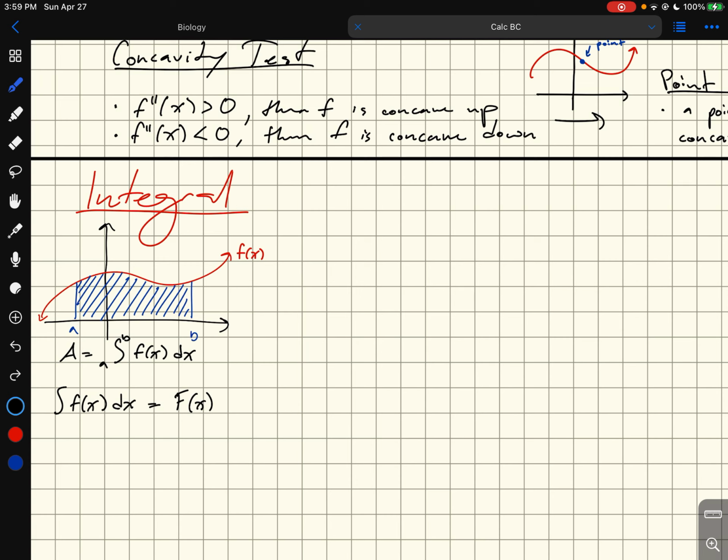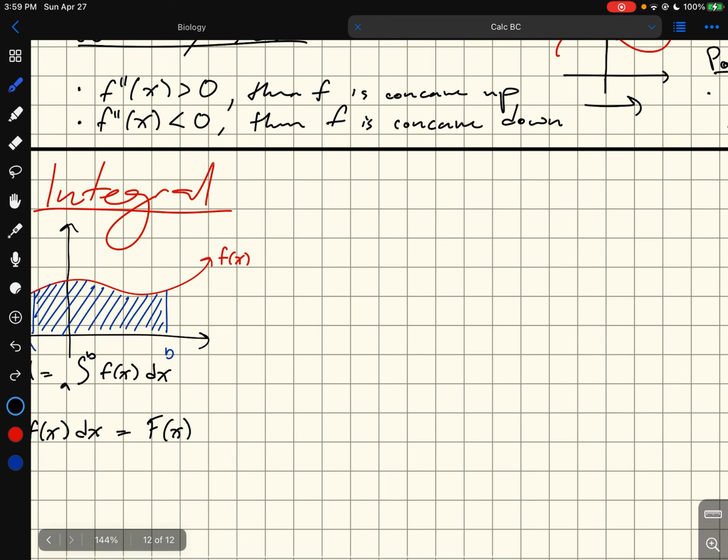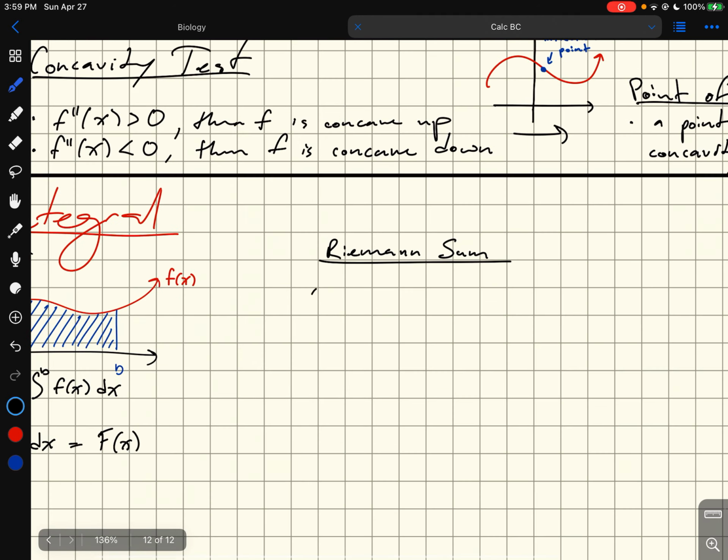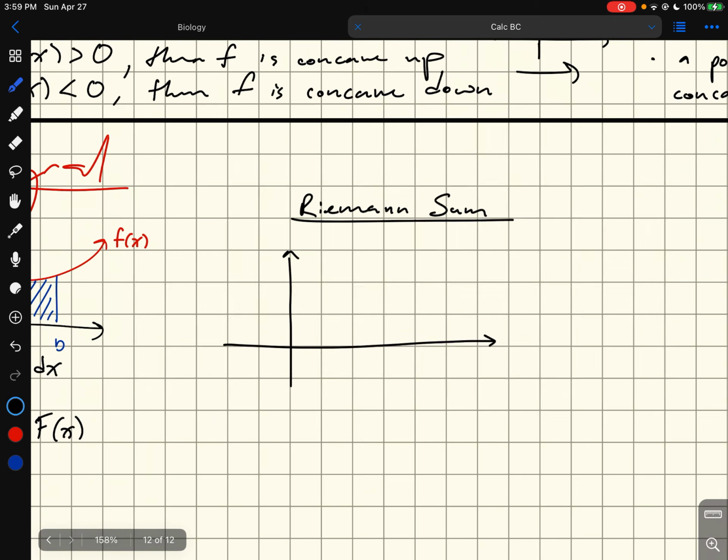So how do you solve integrals? Now, the very basic form of solving for an area under a curve is by using a Riemann sum. So a Riemann sum is just a way of adding up the area under a curve.